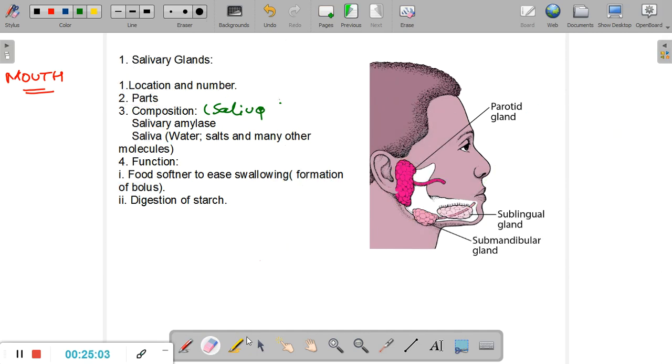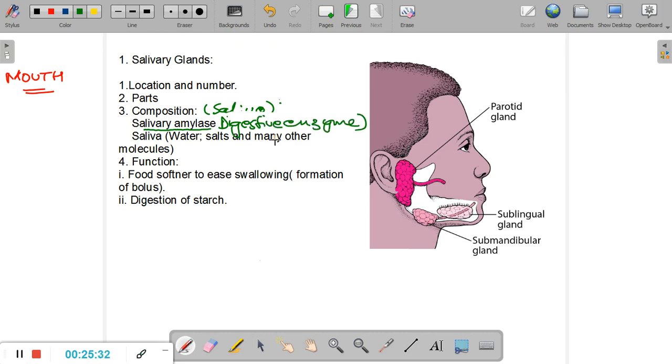Saliva contains a couple of things. It contains a very important protein. This is the most important thing that the saliva has. It is a special protein, that is true, but let us call it a digestive enzyme.